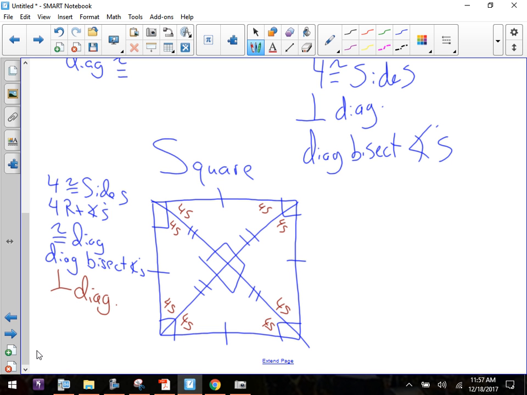Whatever the side values are in an isosceles right triangle, if it's 15 and 15, this side will be 15 root 2. If it's 115 and 115, it'll be 115 root 2. And so on and so on. There winds up being this special pattern that occurs.